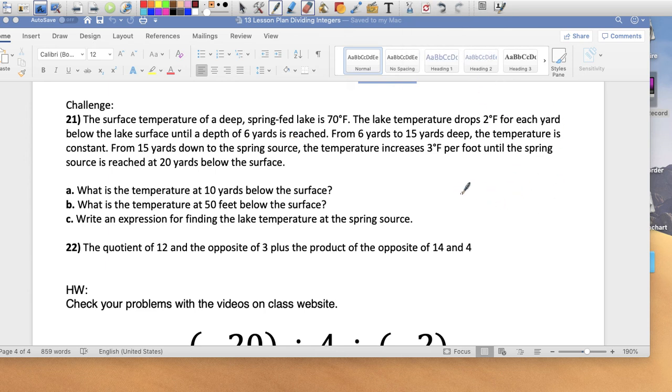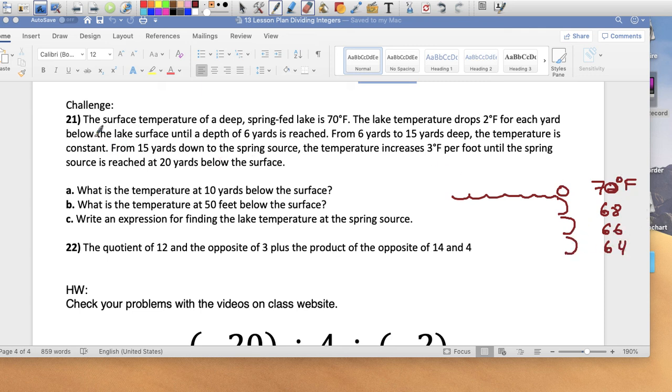So here's the surface, right? And at the surface, which is 0, the temperature is 70 degrees Fahrenheit. So when you go 1 yard down, the temperature is 68. If you go another yard down, it's 66. If you go another yard down, it's 64.